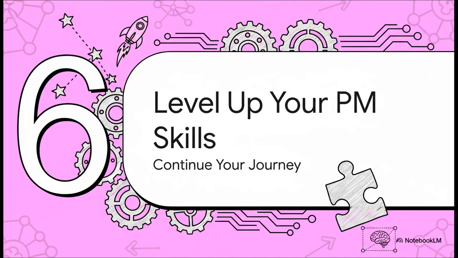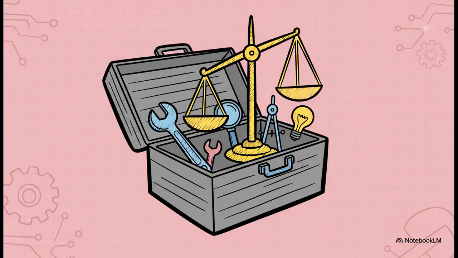Look, mastering a framework like RICE is a huge step toward making better, smarter decisions. But prioritization is just one piece of the puzzle, especially in the complex and exciting world of AI product management. So let's just zoom out for a second. A prioritization framework is an awesome tool, but to really, truly excel, you need a full toolkit.